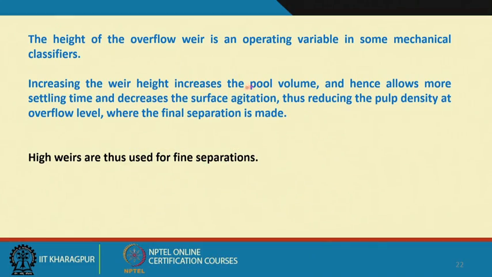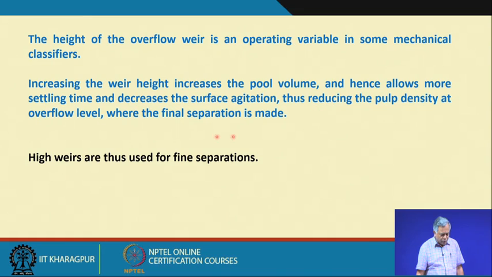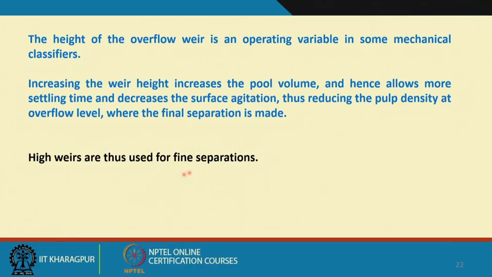Increasing the weir height increases the pool volume and hence allows more settling time and decreases the surface agitation, thus reducing the pulp density at the overflow level where the final separation is made. That means, if you have more of this height, you will have more water overflowing than particles, because the particles will be travelling down. High weirs are thus used for fine separation. High weirs means your overflow weir, that is the overflow mechanism, how you are collecting.